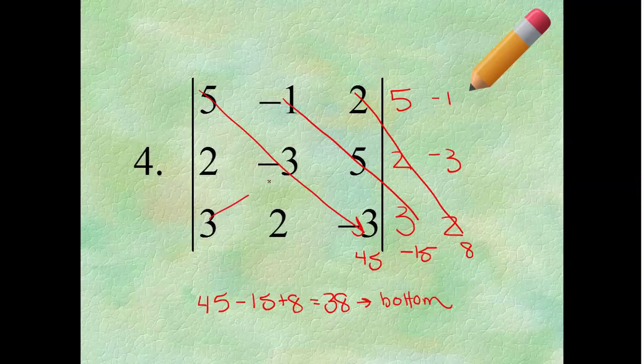Let's try the top. So I got 3 times -3 times 2, which is -6 times 2, so -12. Then I got 2 times 5 times 5, so 10. 2 times 5 is 10, times 5 is 50. And then we have -3 times 2 times -1, so that'd be -6, +6.